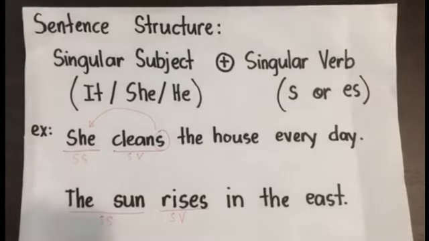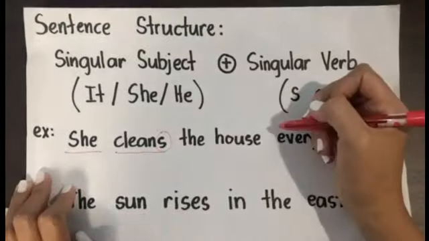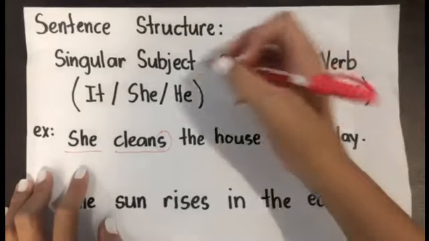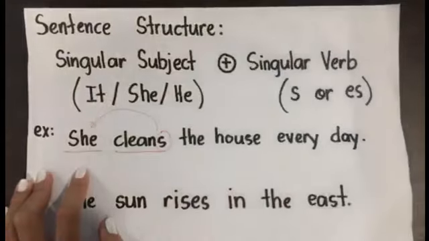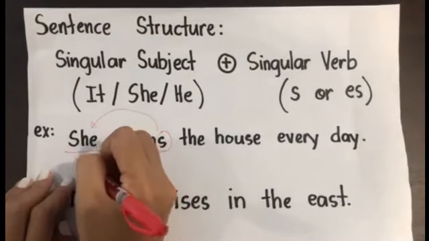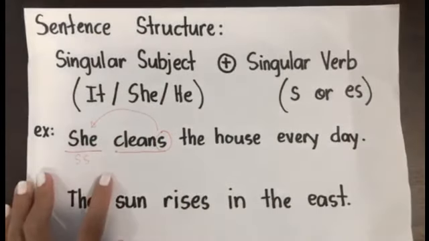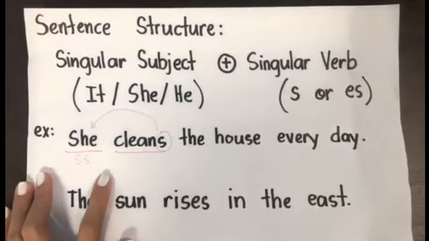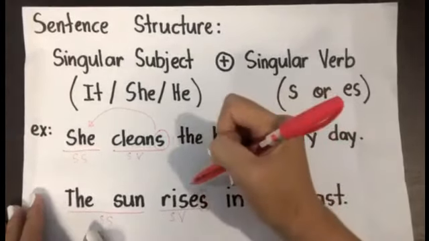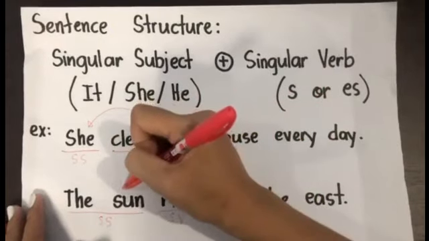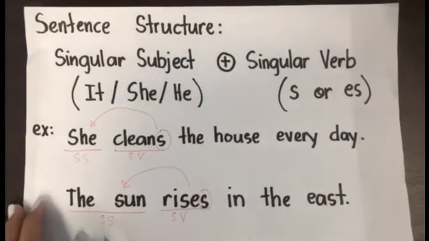Why? It's because your subject is singular. So in here we put S because our subject is singular. So singular subject plus the singular verb. Okay?